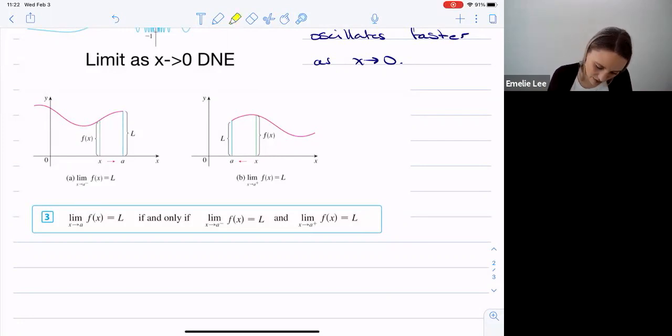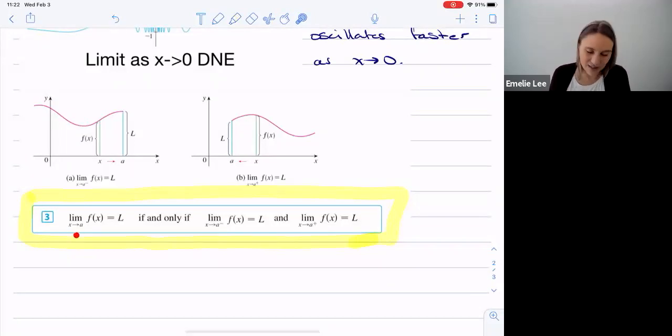And then here's the moneymaker, which I'll put kind of big yellow around. The limit as x approaches a of f of x is equal to L if and only if the left-handed limit equals L and the right-handed limit equals L, right?